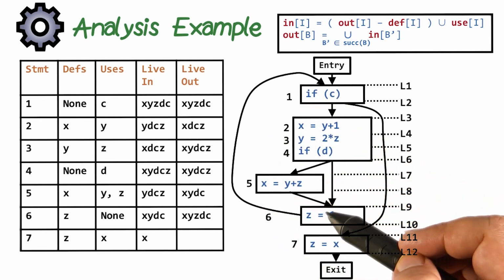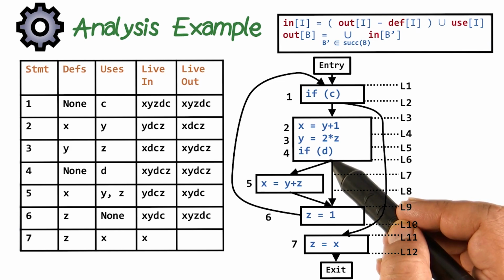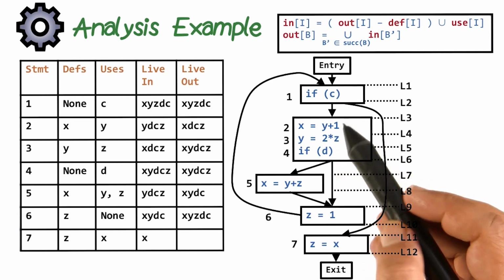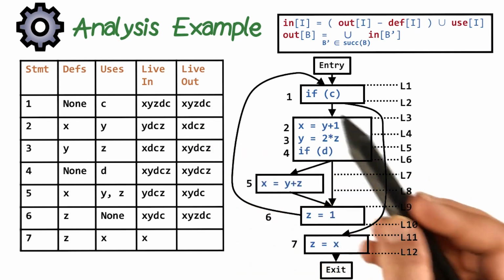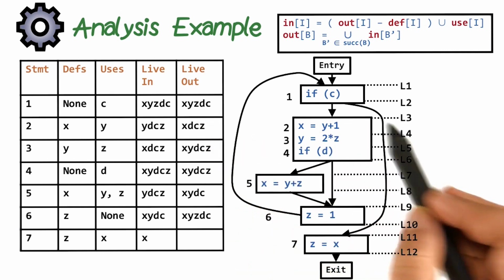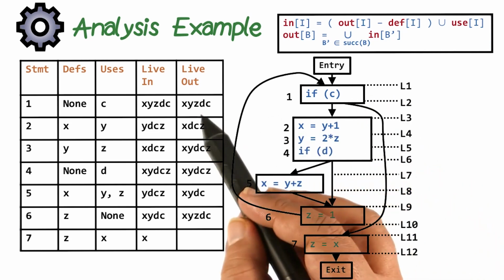You can see c, whether it is being used downhill from this point, the answer is yes, yes, yes, yes, and then finally c is remaining live here. So by doing this backward propagation of c, you will see that y, z, d, c, and then x coming from here all are live at the exit of 1.